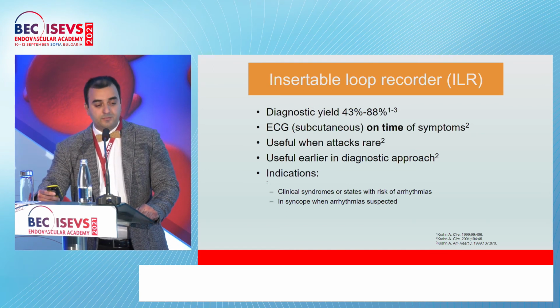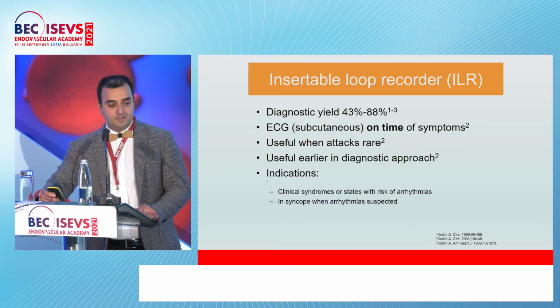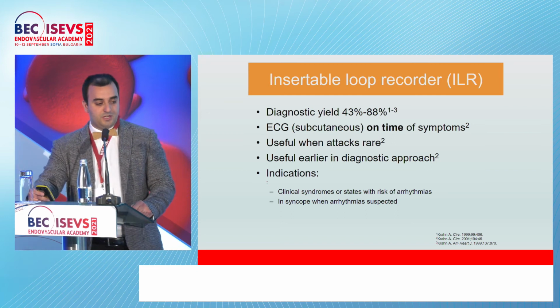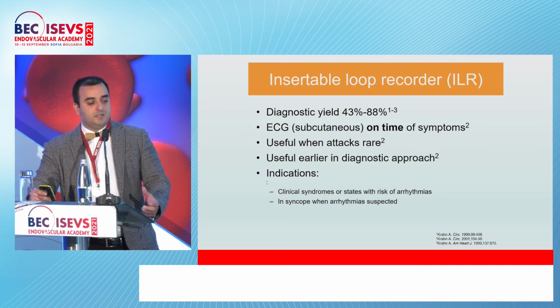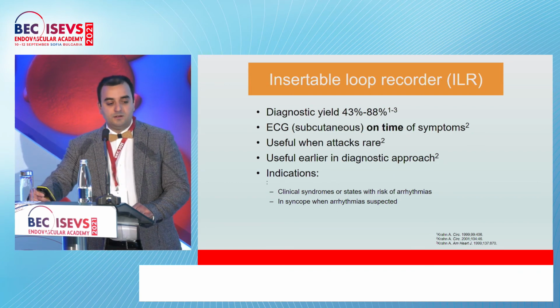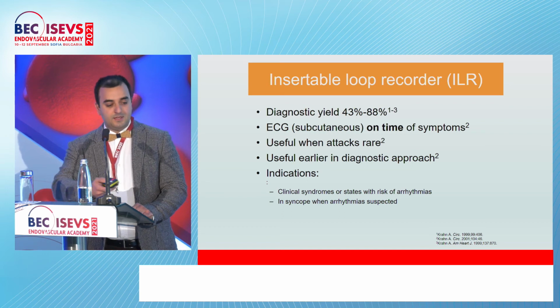We improve our diagnostic process, and we find our patients with atrial fibrillation and also other conditions, but the topic today is cryptogenic stroke. We have continuous monitoring of the patient. We have a stable ECG during the symptoms, and also in the patients that are asymptomatic.